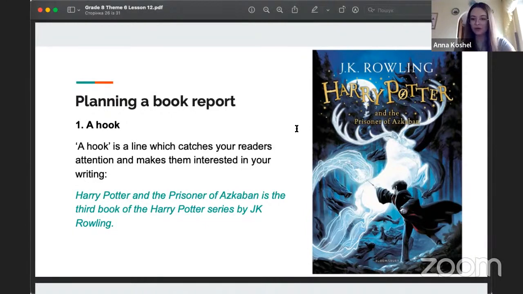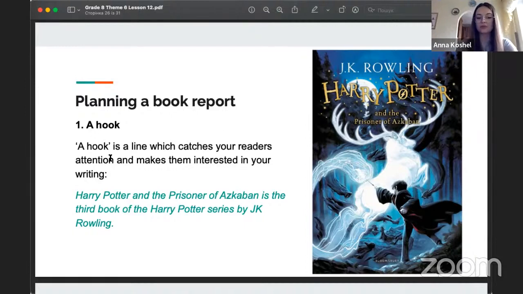A good example for a hook can be the first sentence of this example book report from the Українська школа онлайн website. Тобто це з того уроку, який є на сайті LMS Online. Ви можете ознайомитись з коротким уроком, з коротким відео по цій темі, власне, звідси і матеріали.